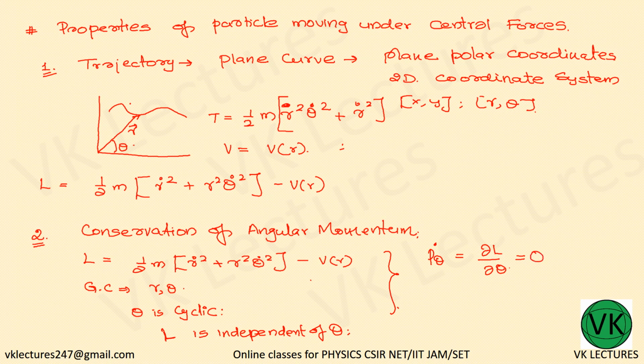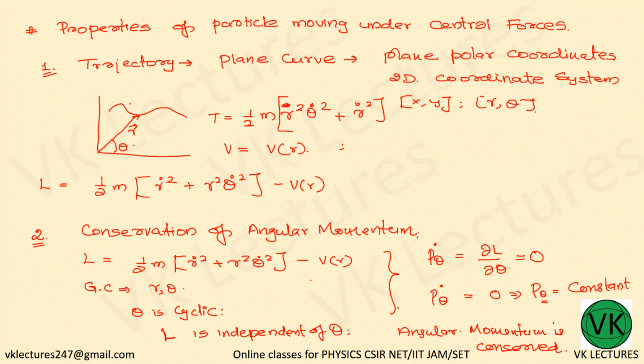So which means P theta dot is equal to 0, which implies P theta equal to a constant. So P theta means the angular momentum along the theta, that means angular momentum. So angular momentum is conserved.